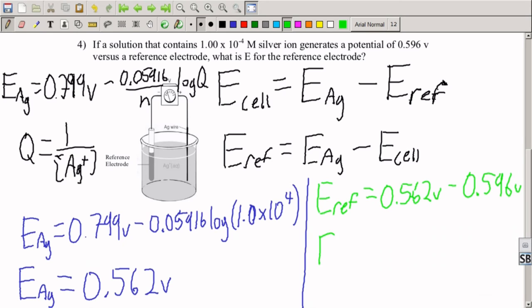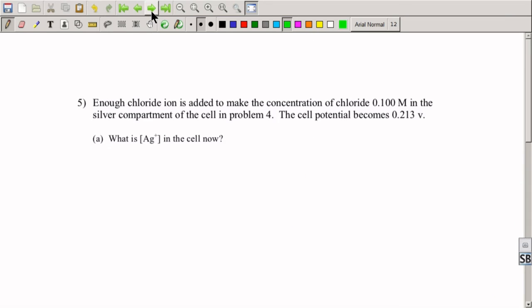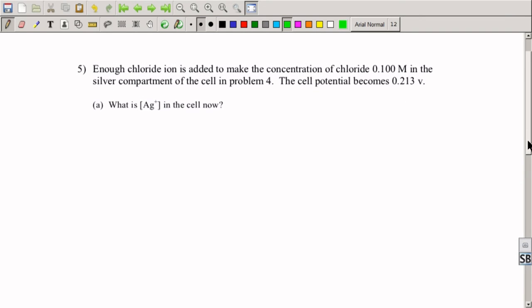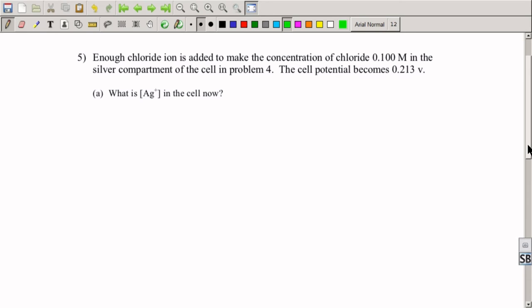So what is my EREF here? 0.034. Is it positive or negative? Negative. Yes. It's going to be negative 0.034 volts. Look familiar?